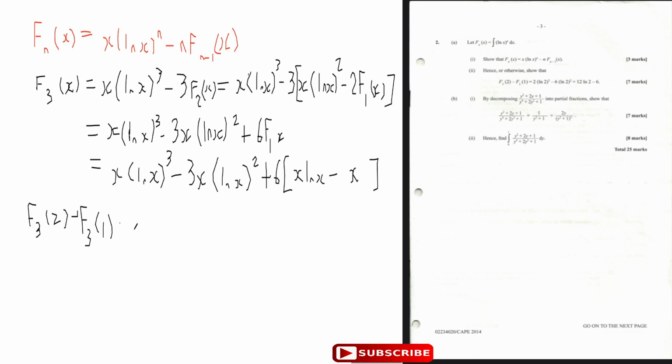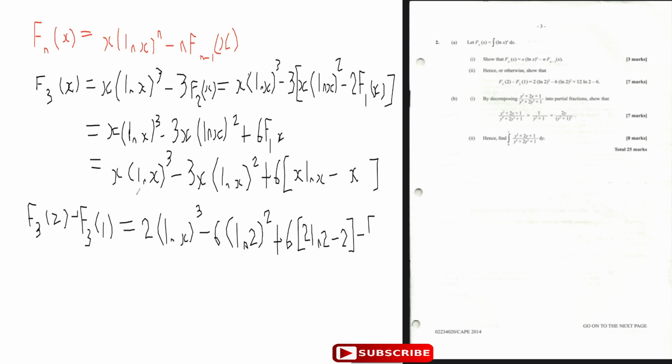So for f3 of 2, replacing x with 2, we get 2 times ln 2 cubed, just want to make sure we make no mistake, minus 3 times 2 is 6, so 6 times ln 2 squared, plus 6 times, in open brackets, 2 ln 2 minus 2, close the bracket, minus, now we put in 1.